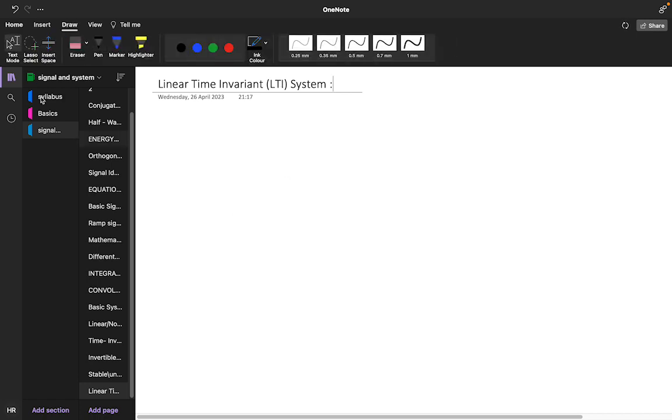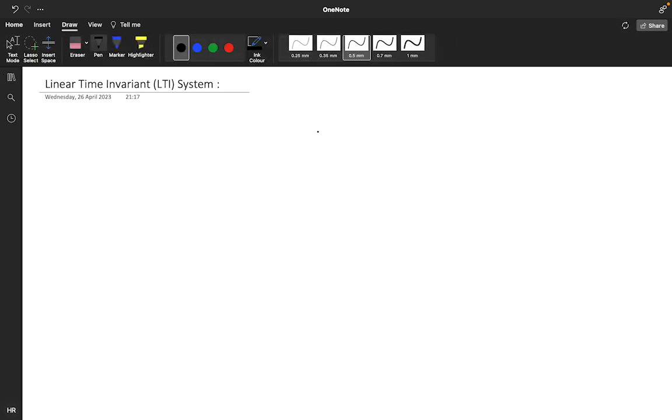So first of all, write it down. A very good concept. This is very important. Transfer function will always be calculated for LTI system. In college, no one will teach you this thing.